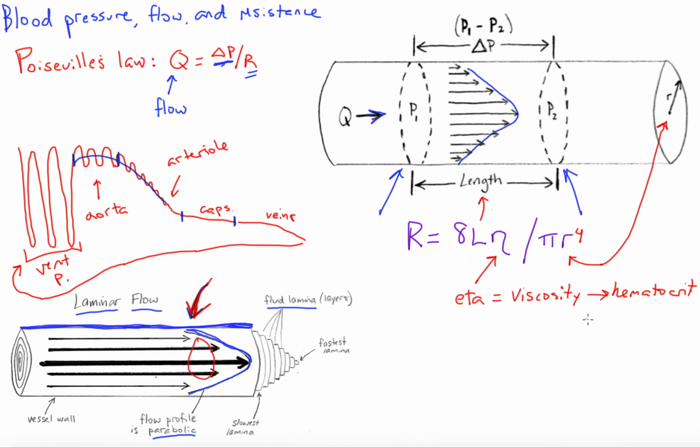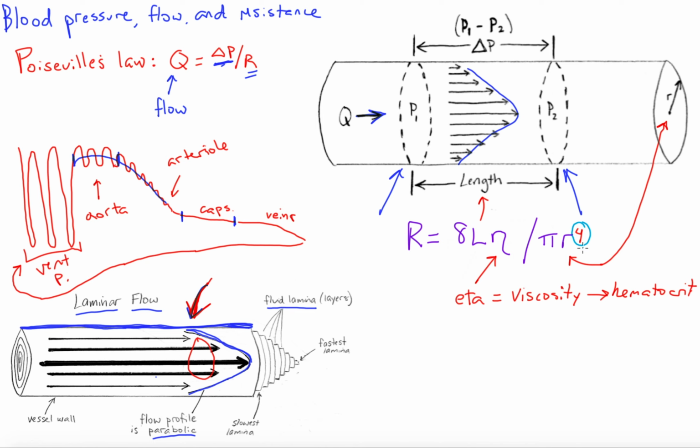Okay, so now the last thing to point out and to jump up and down and scream about is this. Right? That's to the fourth power, right? Not squared, not cubed, to the fourth power. Why that's hugely important is that changes in the radius are massively more important than changes in length or viscosity on resistance, and therefore on flow.